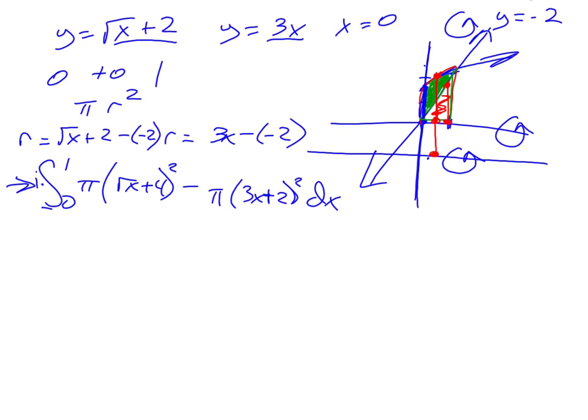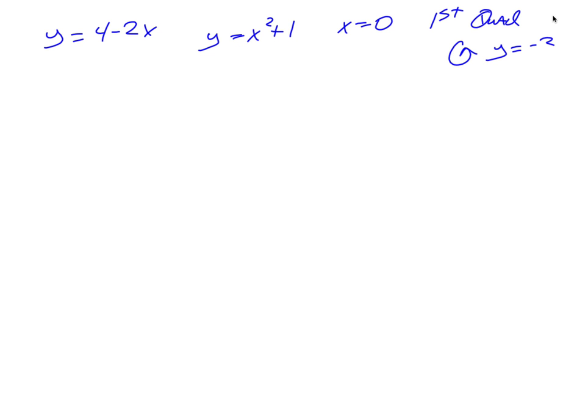All right, next one. So I have the region bounded by y equals 4 minus 2x, y equals x squared plus 1, and x equals 0.